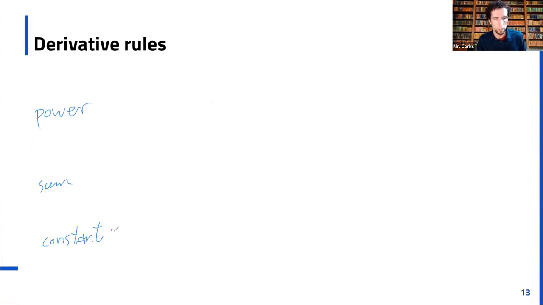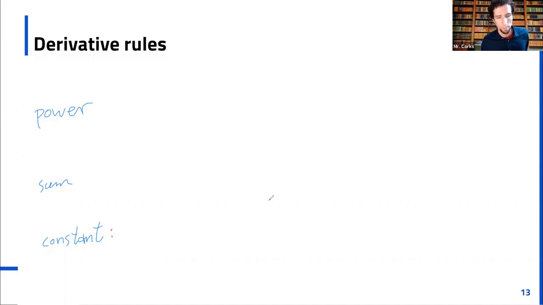That one's pretty easy. Can you give me the whole rule? The constant is always equal to 0. You got the idea. I want you to be a bit more careful about your terminology.